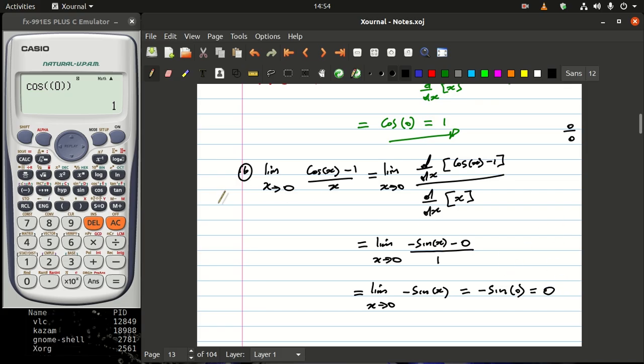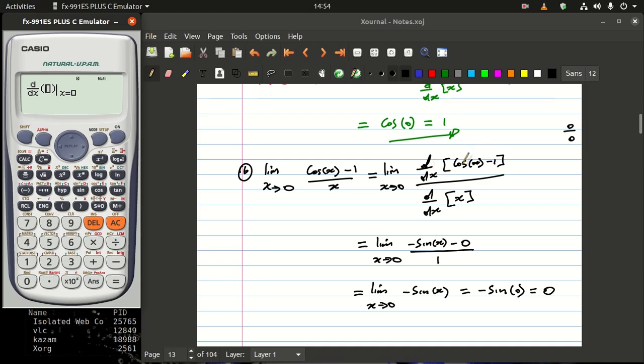And even if you look here, let's say you forgot the derivative, you can use the calculator. Of course, this calculator cannot do what I want it to do. I was going to look at the derivative of cosine of x and evaluate it at x.